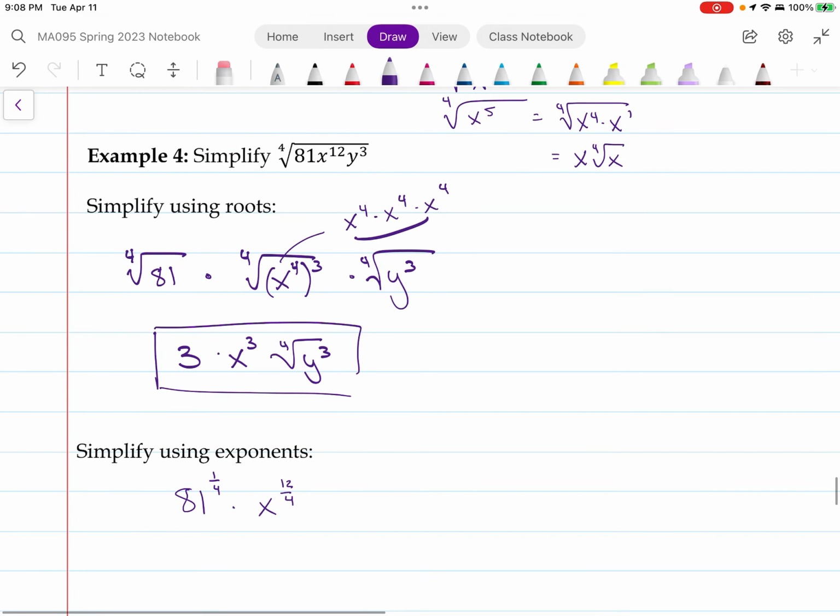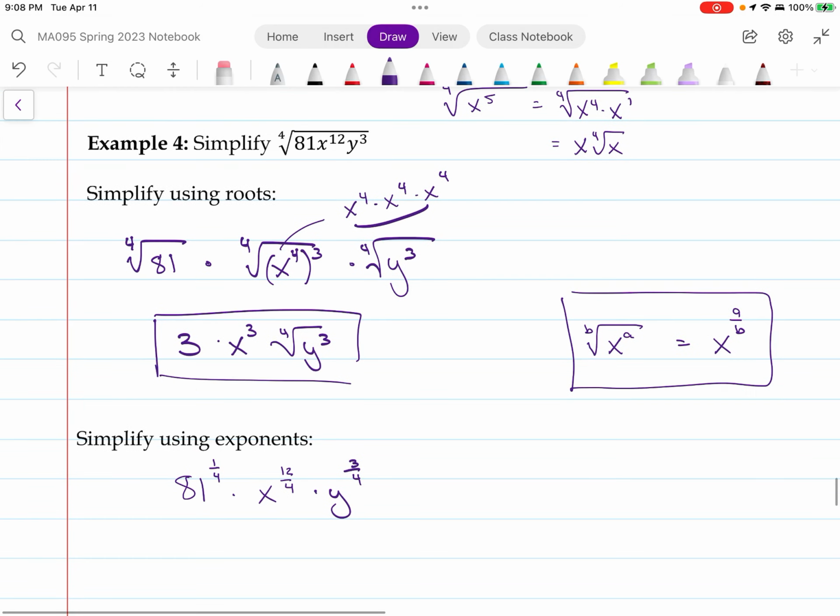All right, times x to the 12/4 times y to the 3/4. Okay, so this was that rule. Don't forget the rule when you've got, let's see, how can I do this? If I've got x here and I've got a here and b here, then that is x to the a over b. So make sure you've got that rule straight from last time.